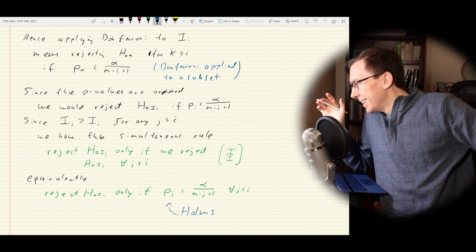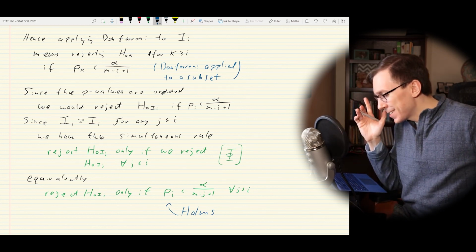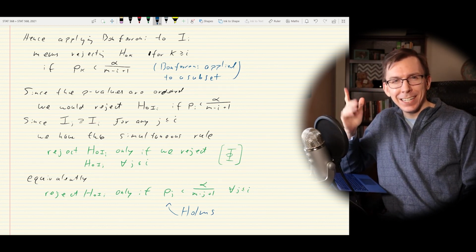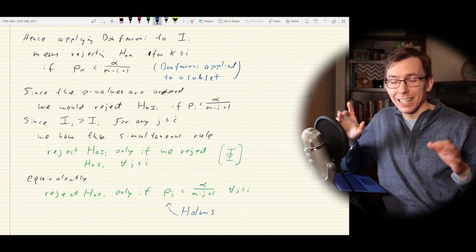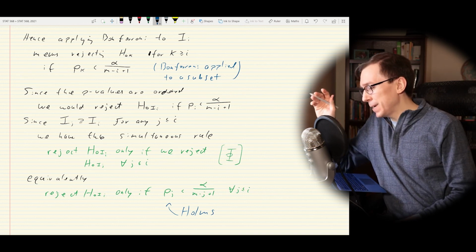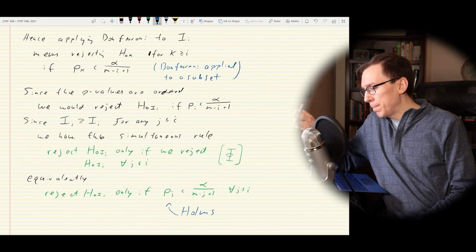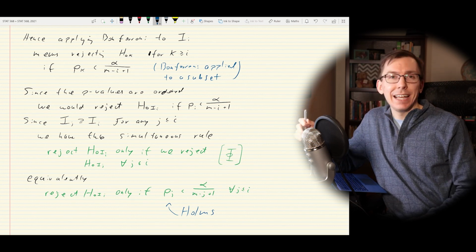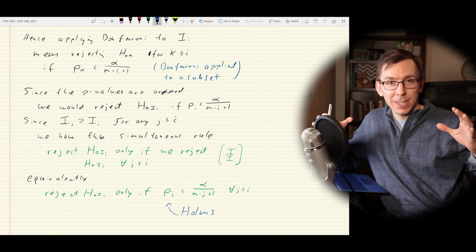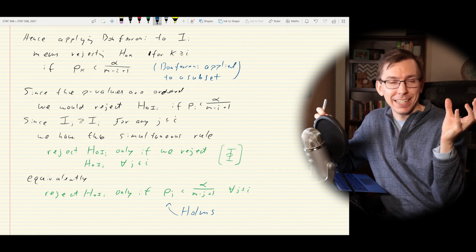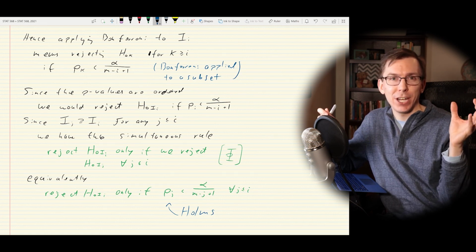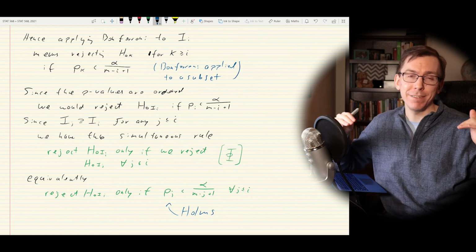Okay. So is it clear what we did here? Because it's a little abstract, so it may not be immediately clear. What we basically did was we said, let's start with Bonferroni. Bonferroni is little phi. It's just a way to determine if we should reject given a set of p-values.